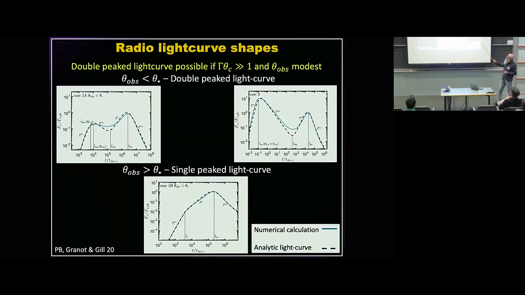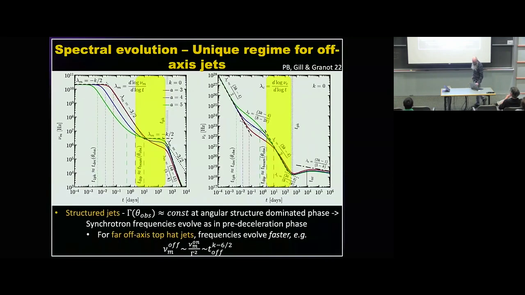This is slightly less relevant to the TDE case compared to the GRB case because the Lorentz factor in TDEs is probably lower. But this is what you need. You need gamma times the opening angle of the jet to be large for these kinds of double-peaked light curves to show up. And we know how to describe all of these segments analytically. So there are things here that we can test with data.